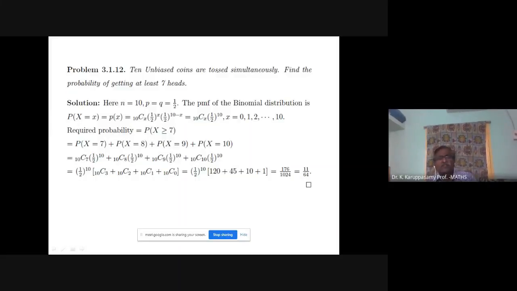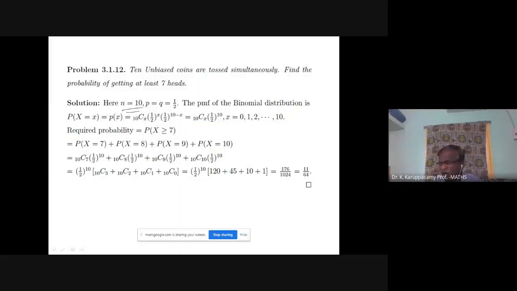How to get it? First you write what is your N, the number of coins. Number of coins is 10. N value is 10. For coin related problems, P and Q are not given. You can assume P equal to 1/2 and Q equal to 1/2.